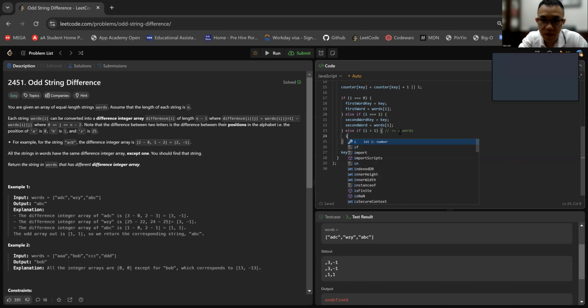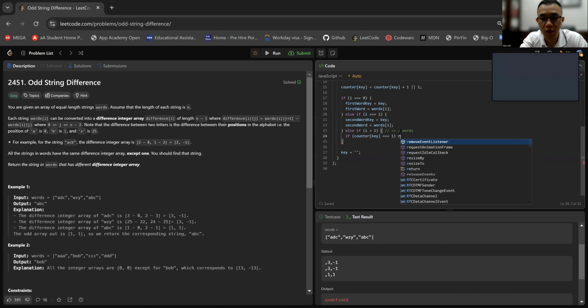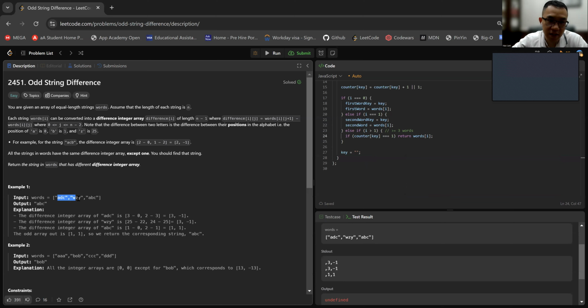Okay. So if the counter of key is equal to one, we will return the words directly. Like in this case, the first two words have the same difference, which means that starting from the third, whenever we see a key that appears for the first time, that word is going to be the different one.